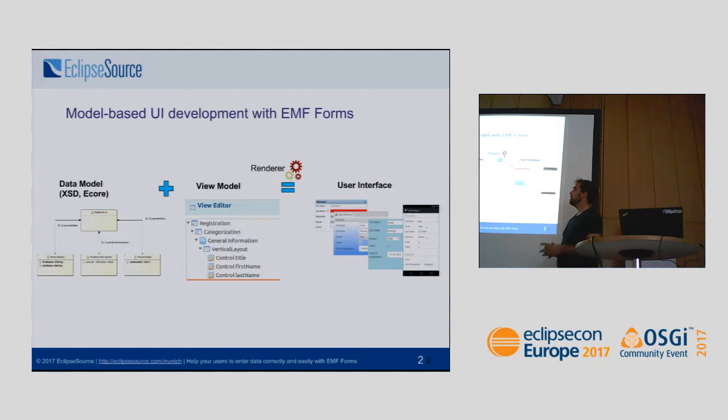And additionally you have what we call a view model. That's a very simple declarative language describing how the form should look like. And then during runtime those two artifacts are processed by a rendering engine, and then actually you get a fully working form that you can embed in your application.